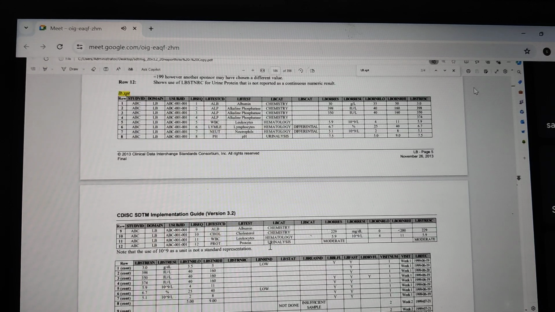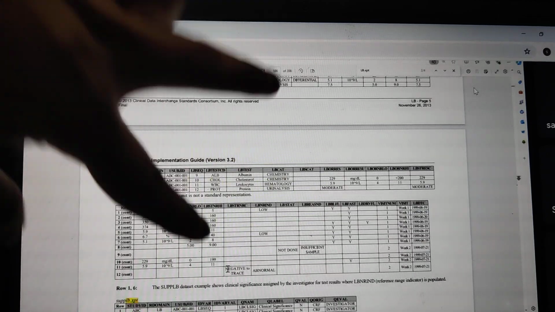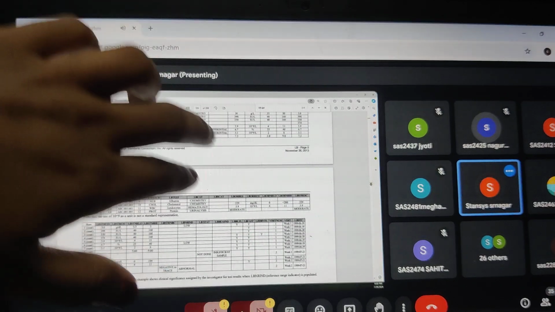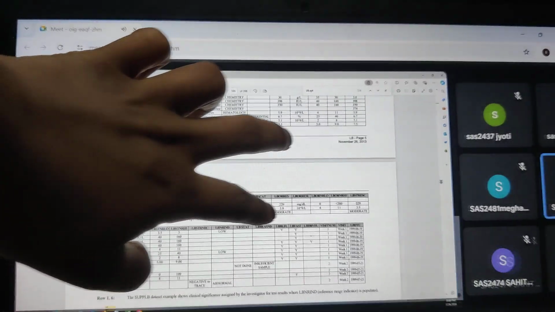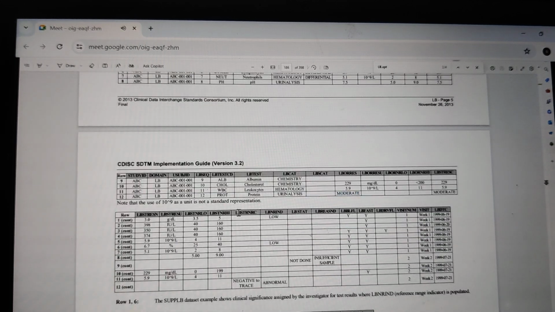It's low, sir. Sir, when do we call it abnormal? Is there any indication? Low or high, it's abnormal, right? Okay. So for example, this is the last test, the pH test. Urinalysis, protein, PROT. The protein is in the urinalysis. So the LBORRES captured is moderate. The LBSTNRC standard is negative to trace.